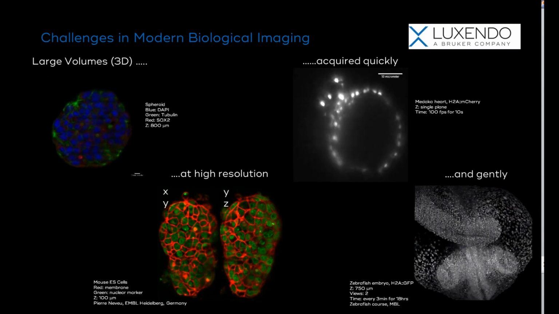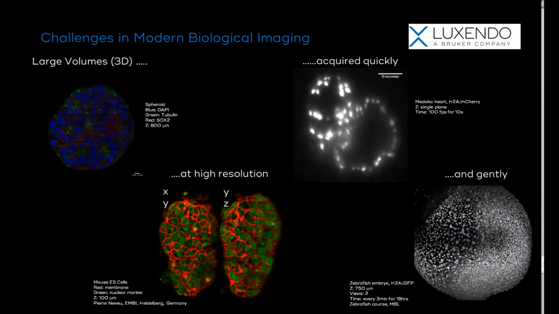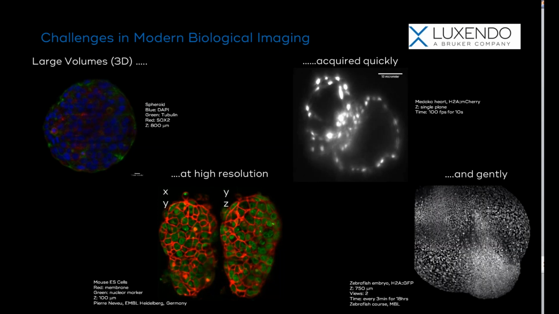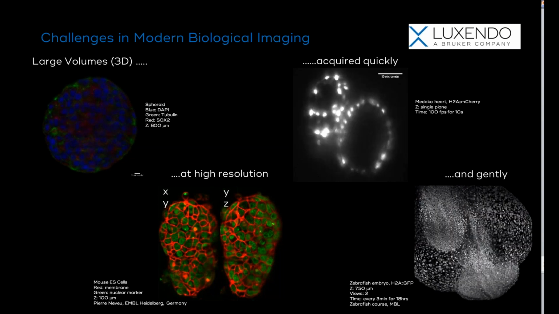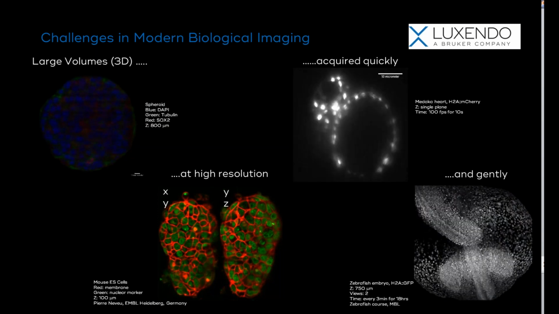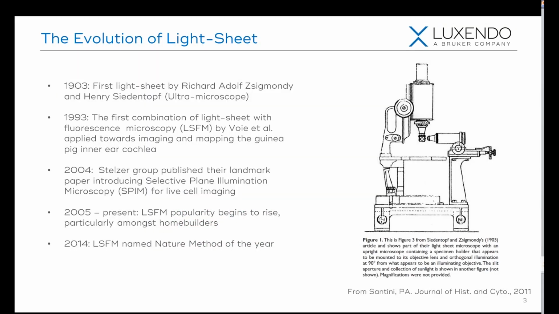And over the last 10 to 15 years, scientists have dusted off a centuries-old imaging technique called lightsheet microscopy, which has really re-emerged as a modality that can address all of these requirements. Lightsheet microscopy is rooted in a technique that was termed ultramicroscopy, pioneered in 1903 by Siedentopf and Zsigmondy.